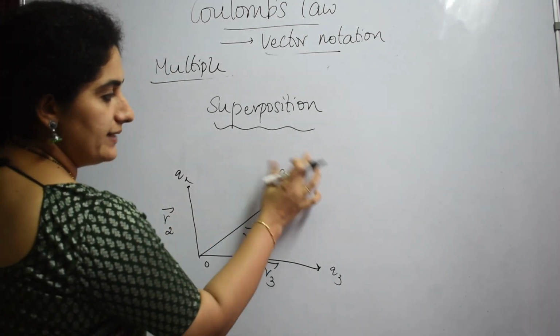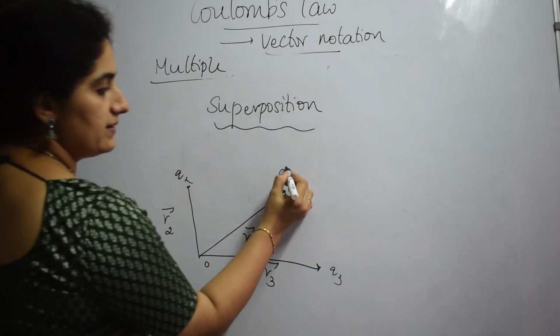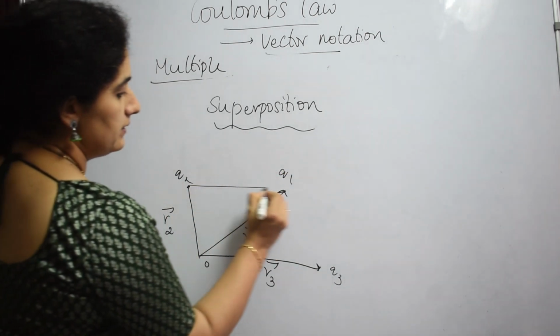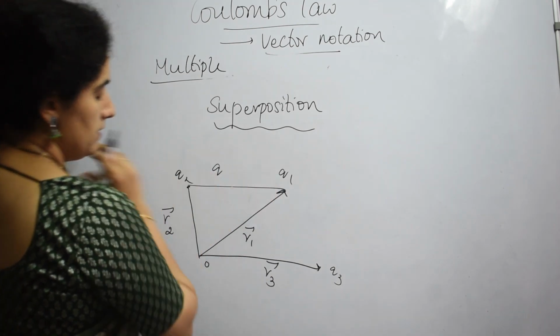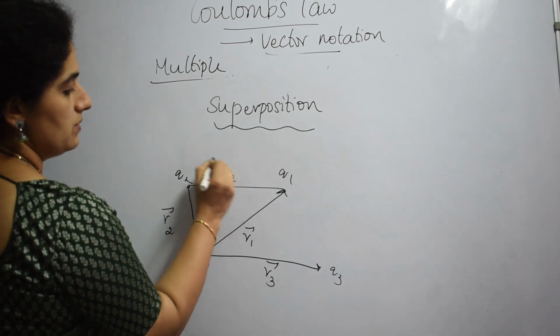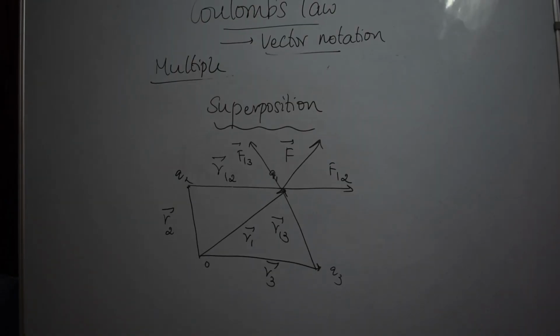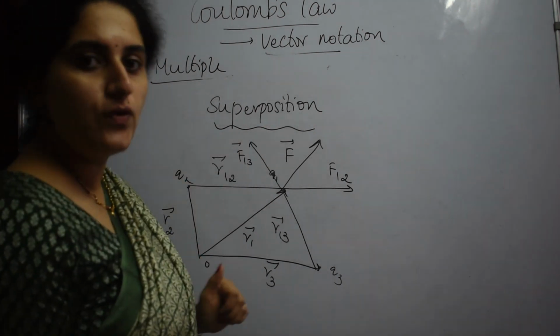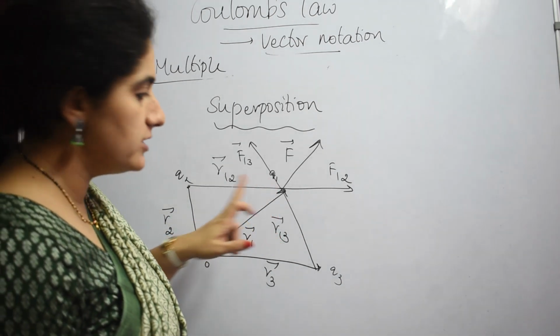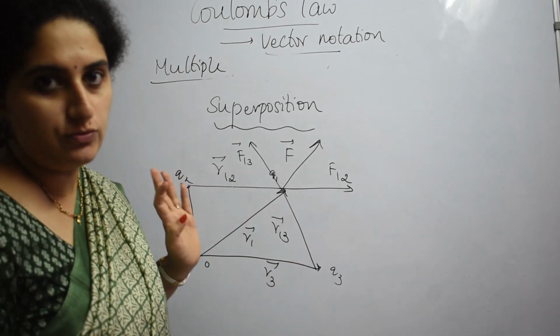Now I have to write the force experienced by this charge because of these two. Okay. So this will be Q, R12. So now we will calculate the forces acting on this point charge Q1 due to Q2 and Q3.